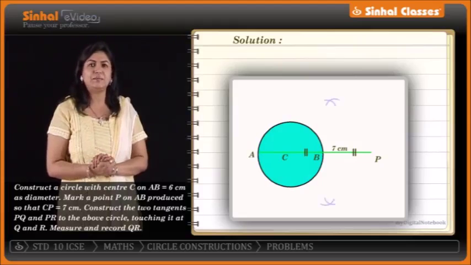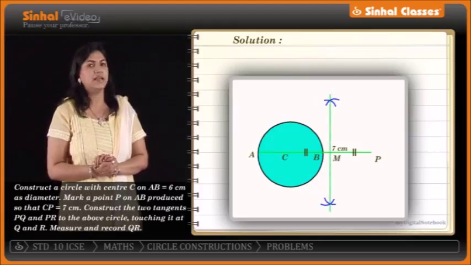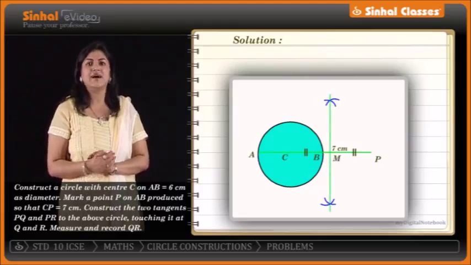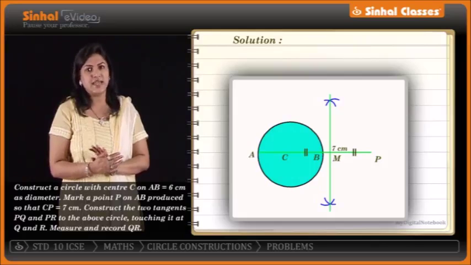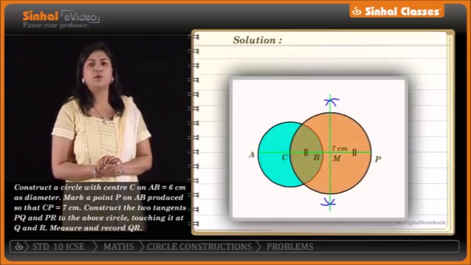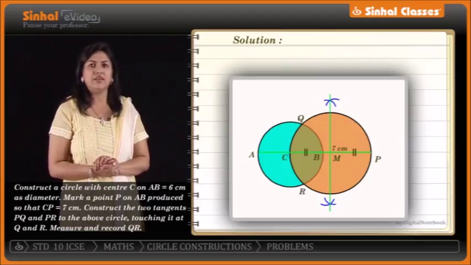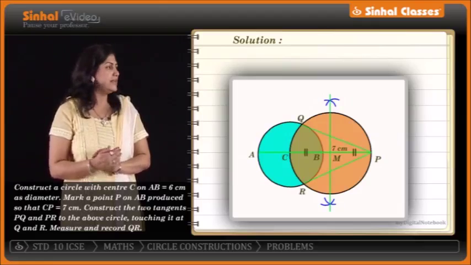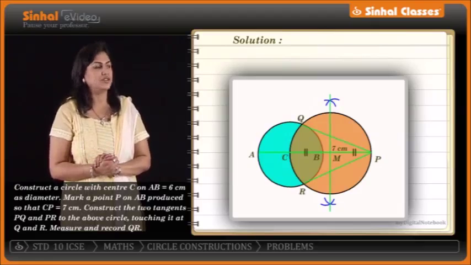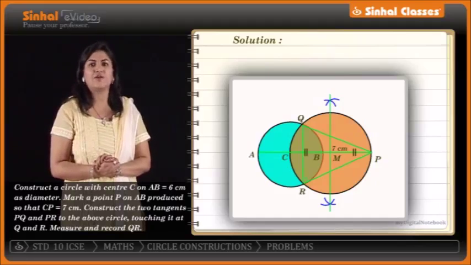Now bisect CP to get the midpoint M of CP. With M as the center and the radius as CM or MP, we draw a circle to intersect the previous circle at Q and R. Now join PQ and PR. These two are the required tangents. Now join QR and measure and record the length of QR.